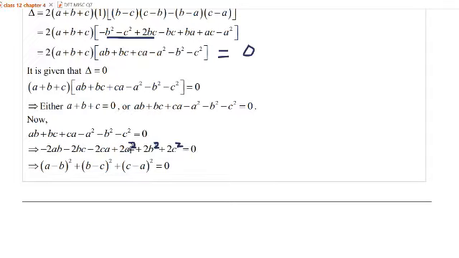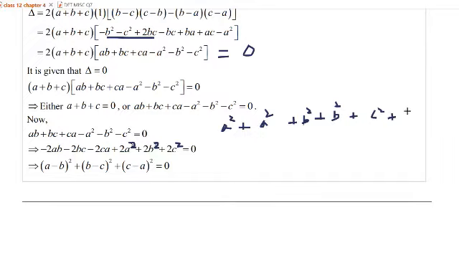Now 2A square, I can write it as A square plus A square. 2B square, I can write it as B square plus B square. Two C square, I can write it as C square plus C square.